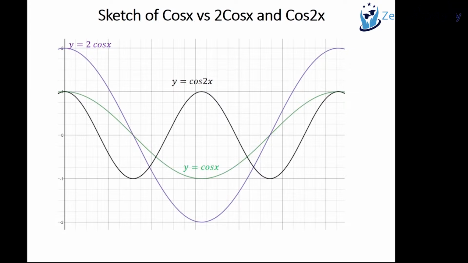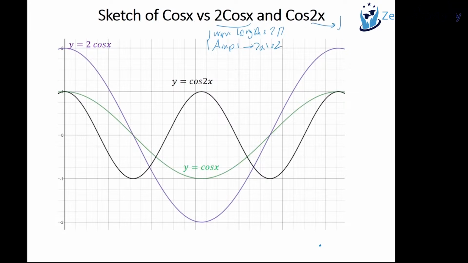Same applies for the cosine. If I have a number outside or inside the cosine, that would make a difference in the amplitude and wavelength of the function. So, for example, 2 cosine x has the same wavelength of 2 pi, but the amplitude is 2 times 1.